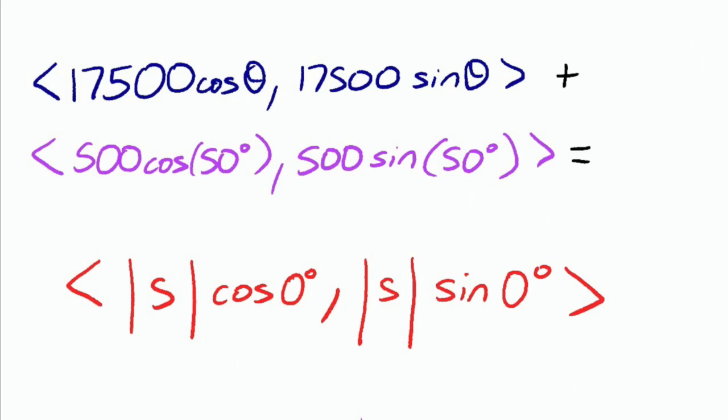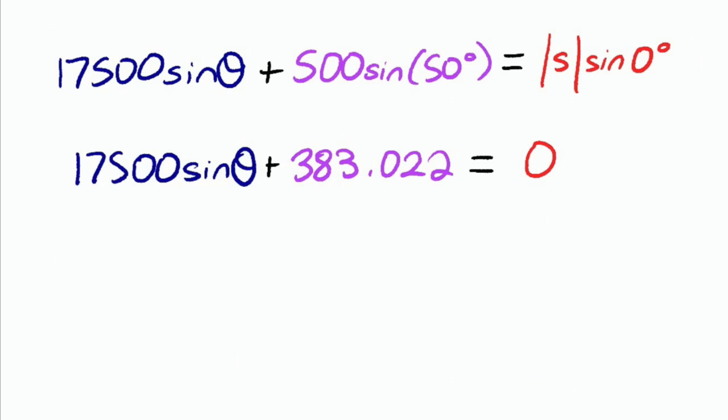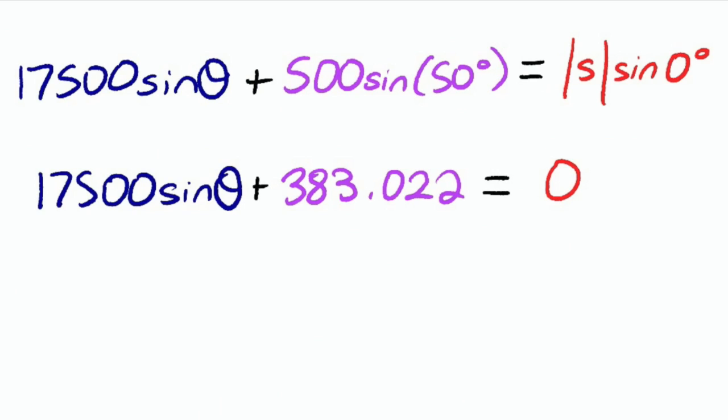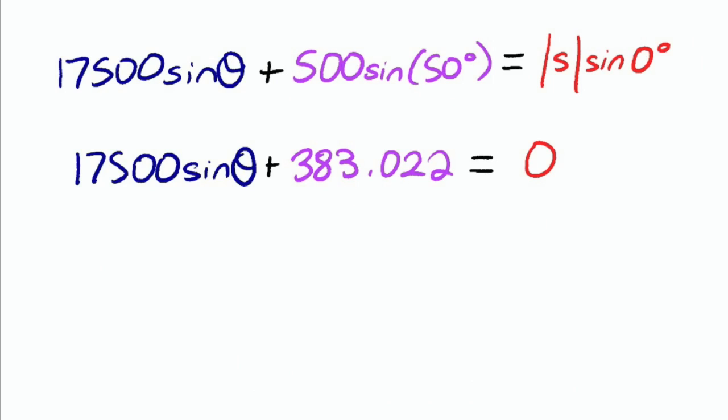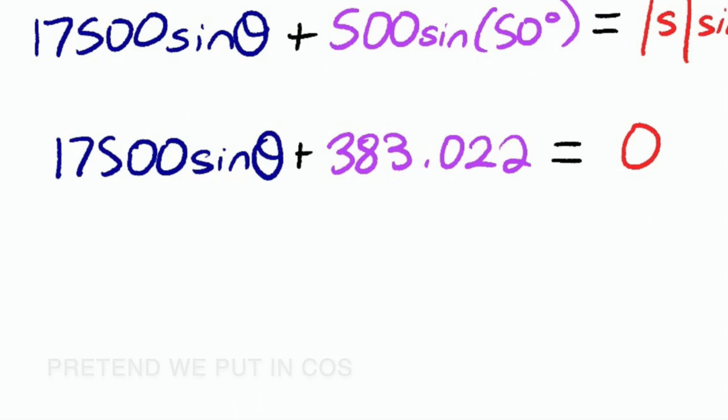After that, you split the equation into two like this. The first one is 17,500 sine unknown direction plus 500 sine 50 degrees equals unknown speed sine 0 degrees. The second one is 17,500 cosine unknown direction plus 500 cosine 50 degrees equals unknown speed cosine 0 degrees.